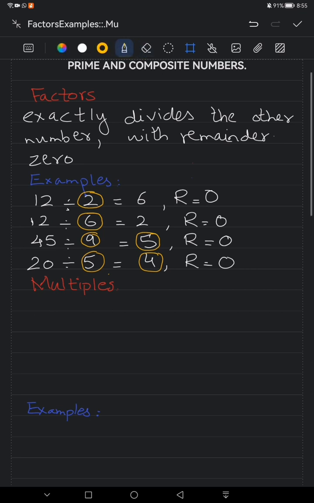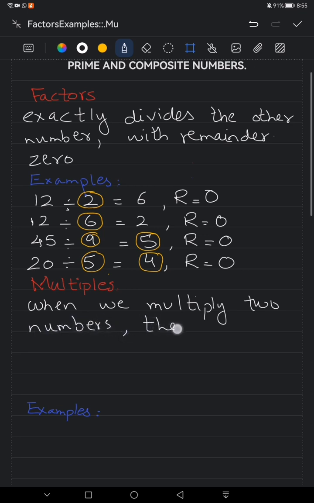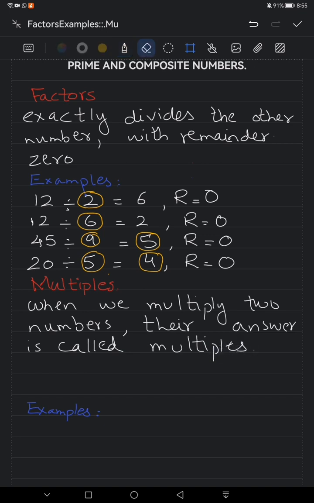When we multiply two numbers, the answer we get is called a multiple. So all the answers of the tables you must have learned by now are multiples.